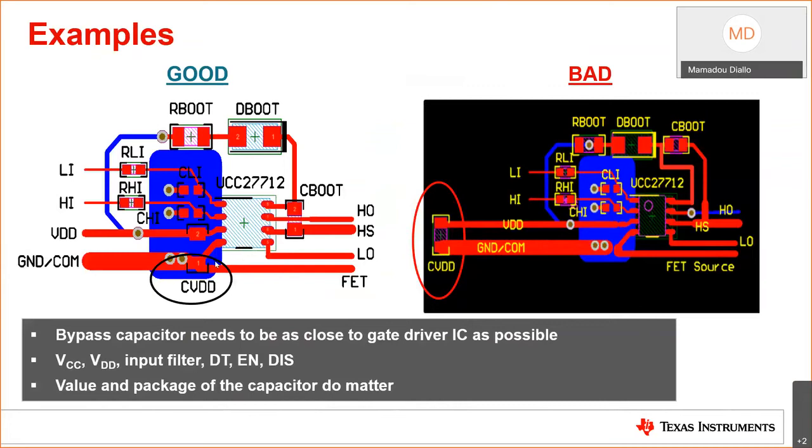In addition to the capacitor placement, you want to make sure that these traces are as wide as possible to minimize stray inductance in the PCB gate drive loop. Additionally, you want to prioritize the driver's output stage and the CVDD capacitor before finally placing the input stage components.